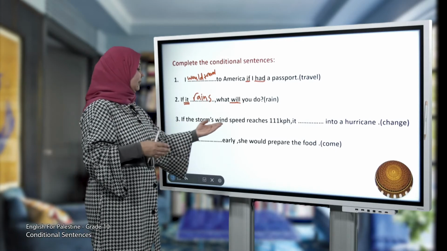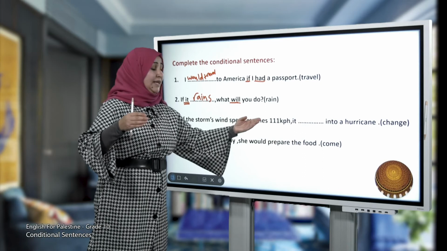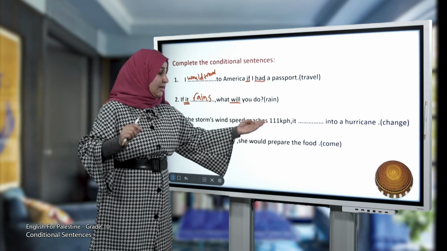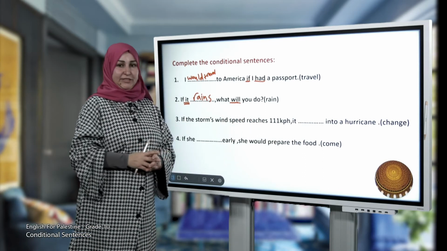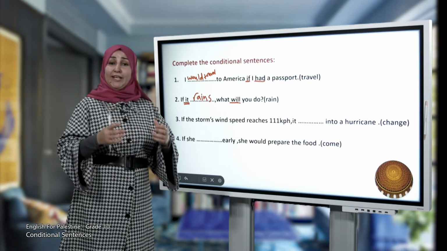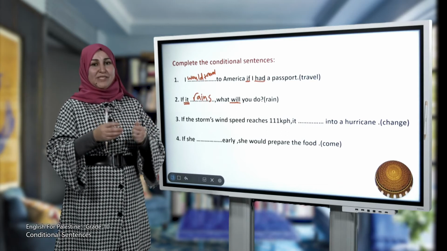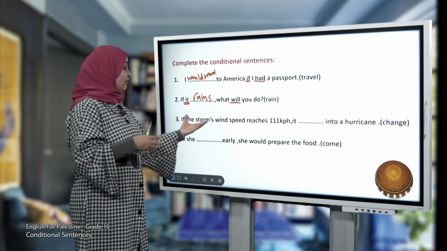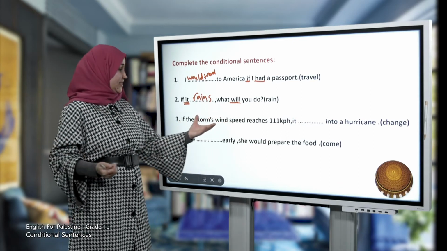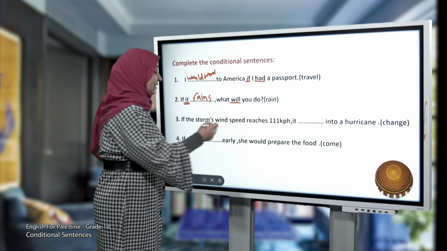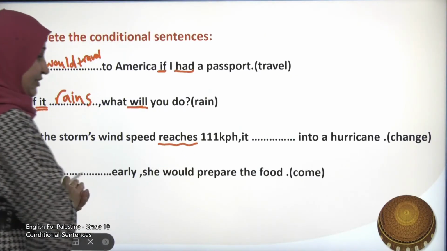Number 3. If the storm's wind speed reaches 111 km per hour, it into a hurricane. Change. So, again, which type is this sentence? It's type 0. How do you know? It's talking about scientific fact. The first verb is simple present, which is reaches.